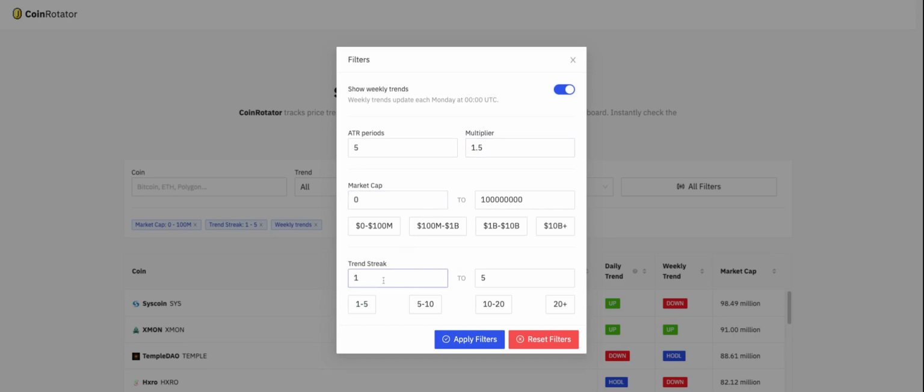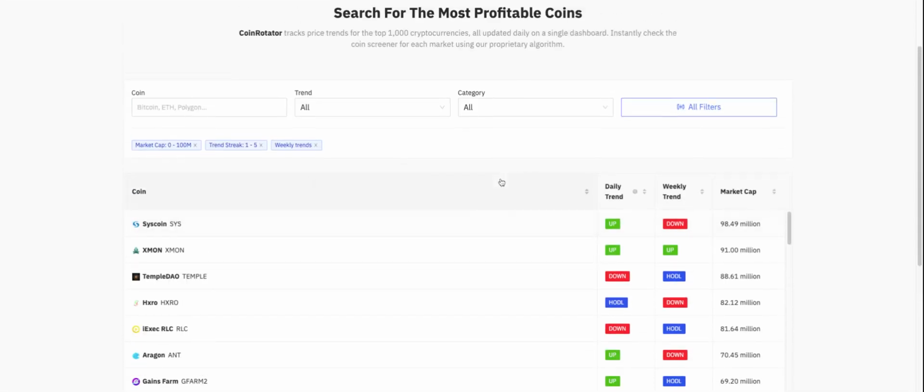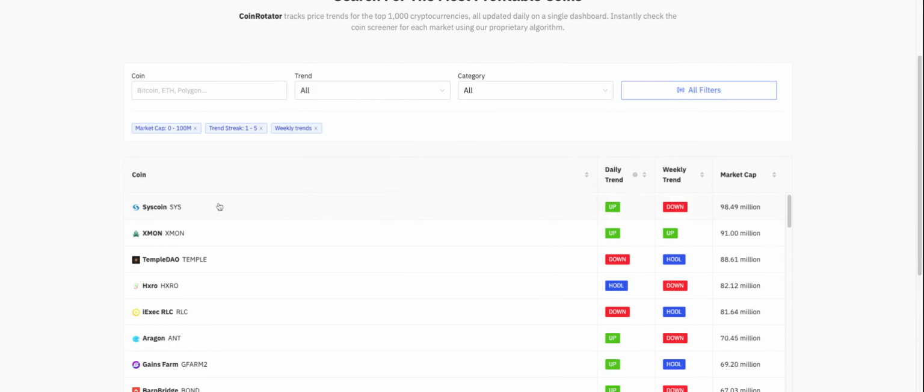So now this will show trend streaks of 1 to 5 weeks. So let's apply for that. Okay, and here you can see there's a fresh uptrend on Syscoin and XMON. And these are sort of in the mid-cap range, in the $100 million range.